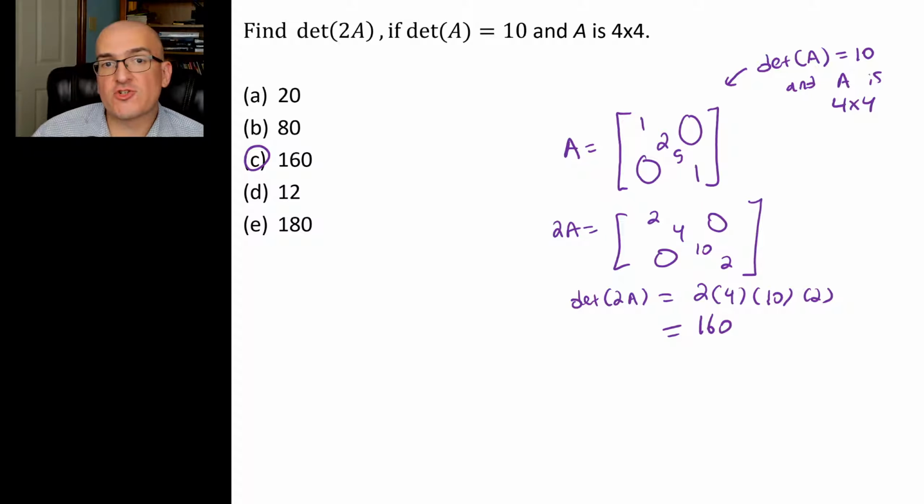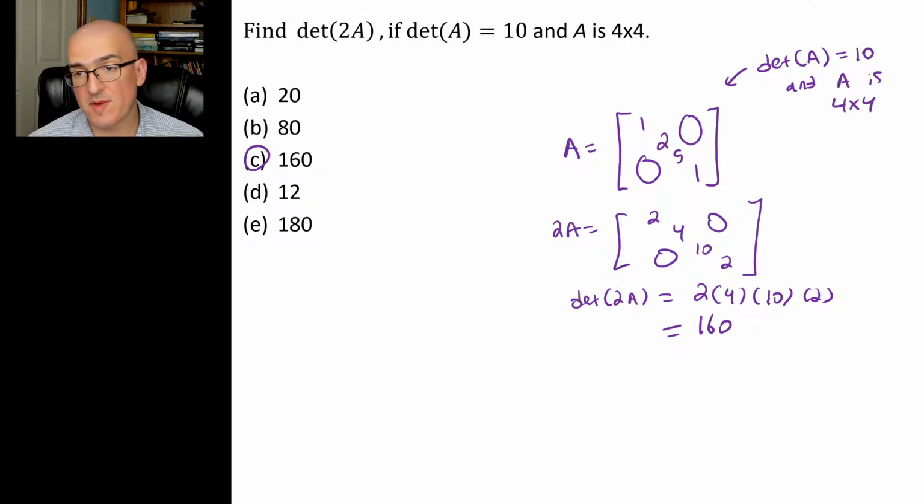But this should make you uncomfortable. In order to solve the problem this way, I had to create a fake matrix. I had to say, well, this matrix has a determinant of 10, and then I'll just multiply that matrix by 2. But someone else might pick a different matrix. Instead of having 1, 2, 5, 1, they might have 10, 1, 1, 1. Are you going to get a different answer? No, you're not.